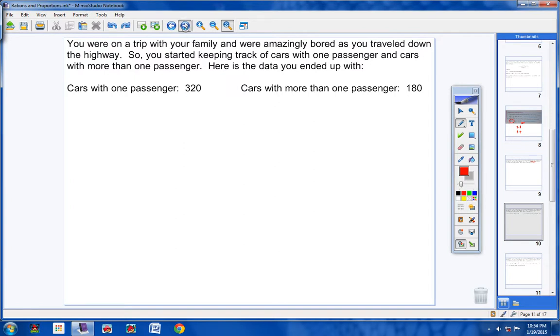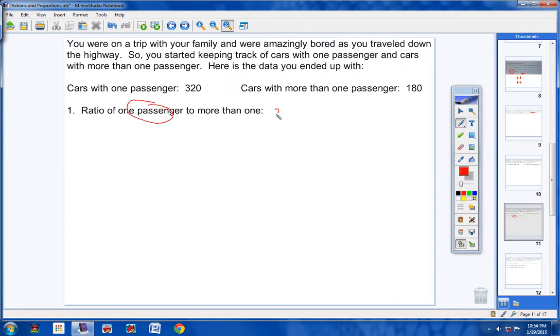Here we go. I want to know the ratio of one passenger to more than one. Okay, no problem. What comes first? The one passengers, that's 320. Then the cars with more than one. Well, that would be 180. Now, students, please listen. Anytime I ask you to give me a ratio, I expect you to reduce it completely.